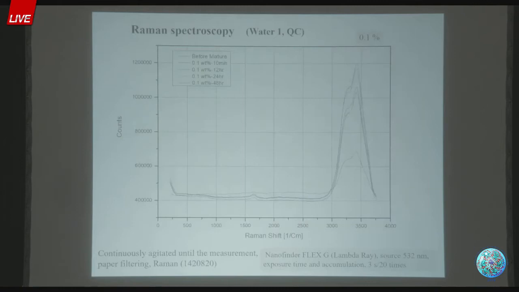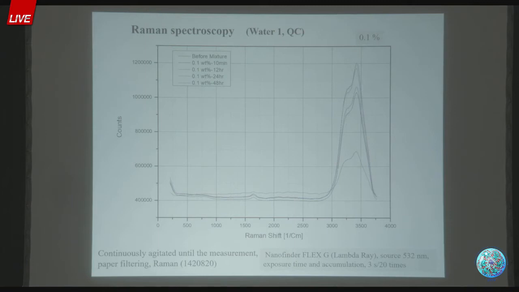An interesting point is what I observed with the Raman spectroscopy. Before mixture is the black line, and with the 0.1%, as time passes, like 12 hours, 24 hours, it goes further upward, and then 48 hours later, it is lowered down.